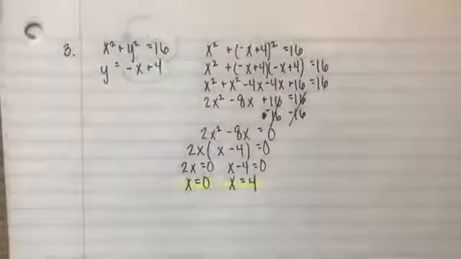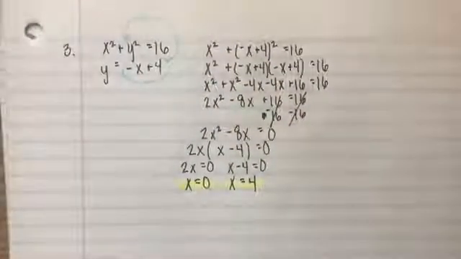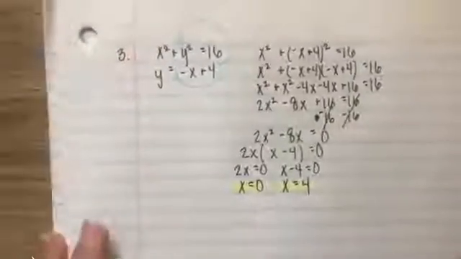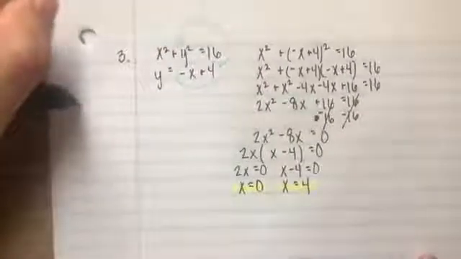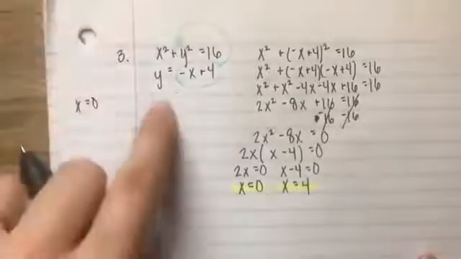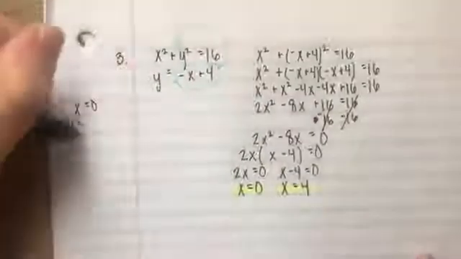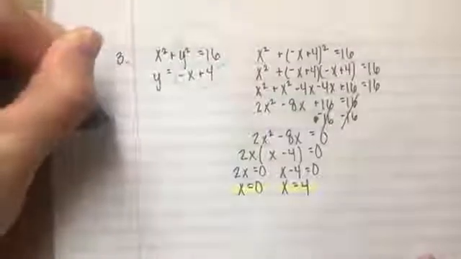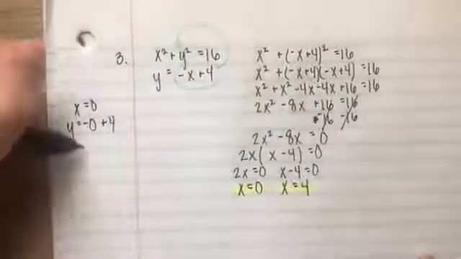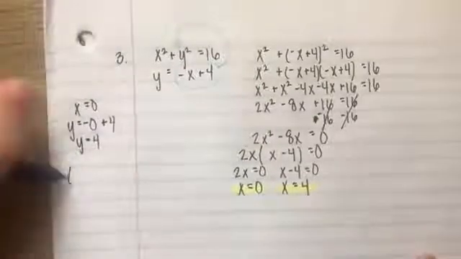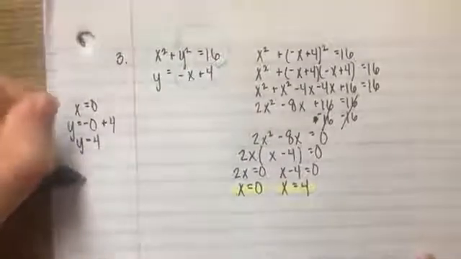And then you can take each of those x values and substitute them into the second equation in order to solve for y. So when x equals 0, the equation is y equals -x plus 4, so -0 plus 4. -0 is still just 0, so you end up with y equals 4. And then that solution is (0, 4).